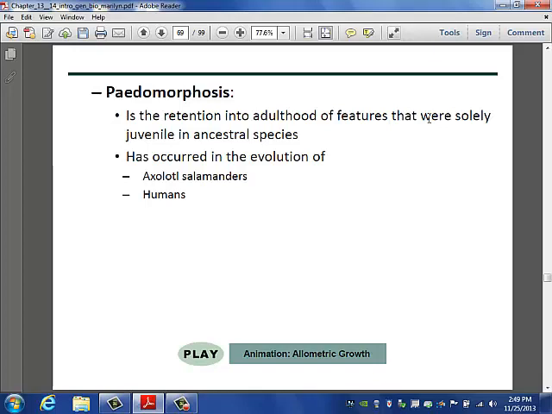Did your ancestors have them? Were they functional then? Why aren't they functional in you? This has occurred in the evolution of salamanders, and it has also occurred in the evolution of humans.